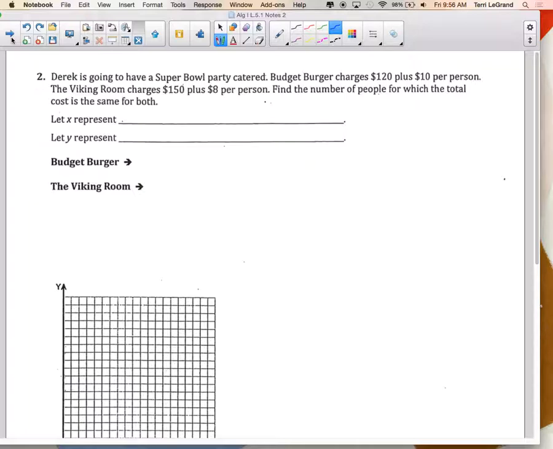So, let X represent. Well, let's circle, what is it we're supposed to find? The number of people. Is that one unknown or two? The total cost is also unknown.